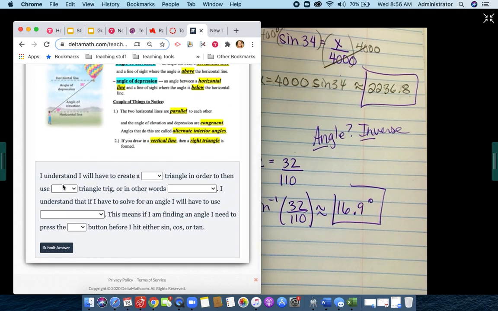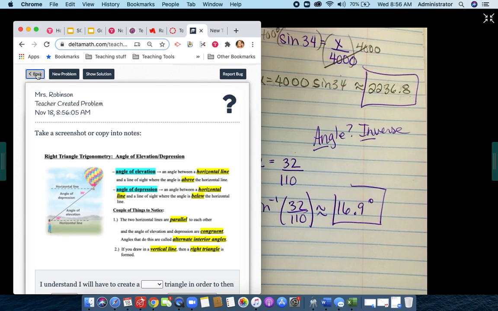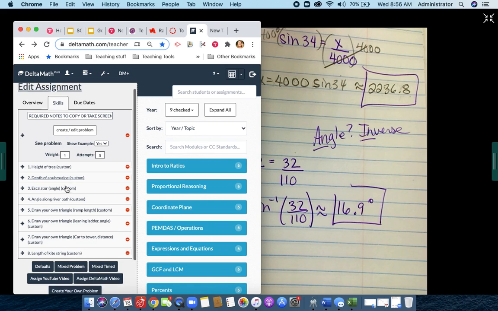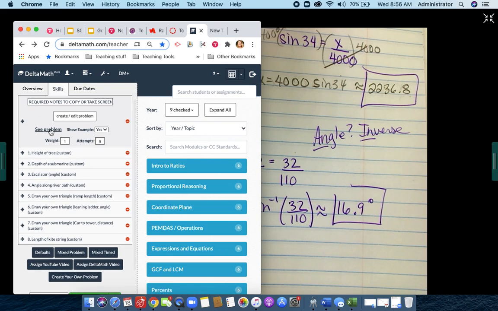So make sure you're filling this in. 1, 2, 3, 4, 5. You got 5 fill in the blanks. They're pretty easy, so I hope you don't miss them. But make sure you go back in there. These are some really good reminders of what you need to do. So make sure number 1 is finished, okay? Even though it says required notes, it is weighted. You do have to answer it to get full points, okay?